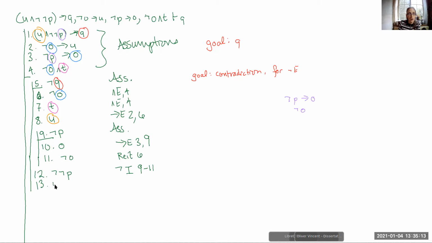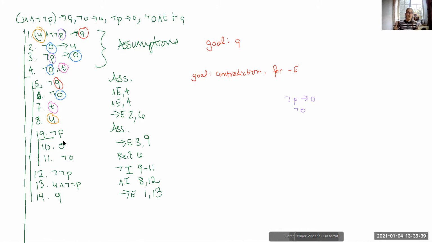So we can conjoin those two lines together. Conjunction introduction, lines 8 and 12. And of course, we did that because then we have something that matches the antecedent of the conditional in line 1. Conditional elimination gets us Q.